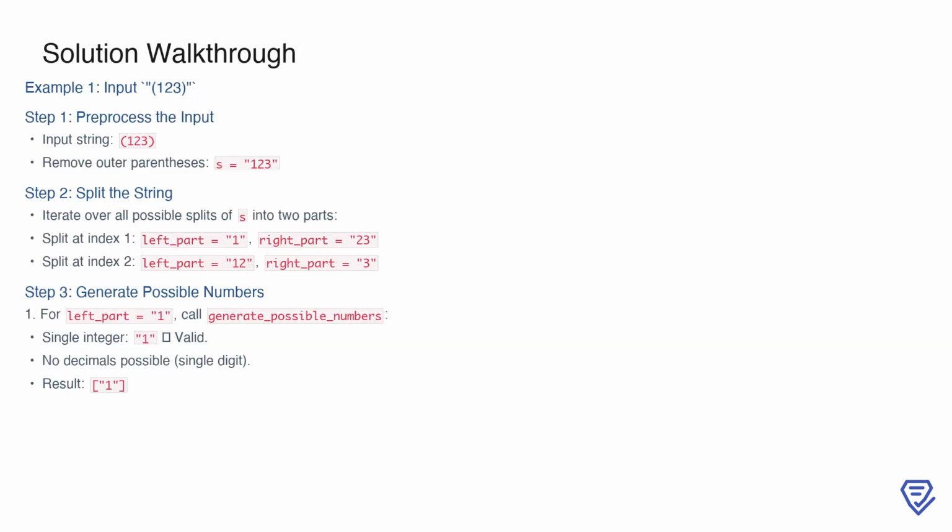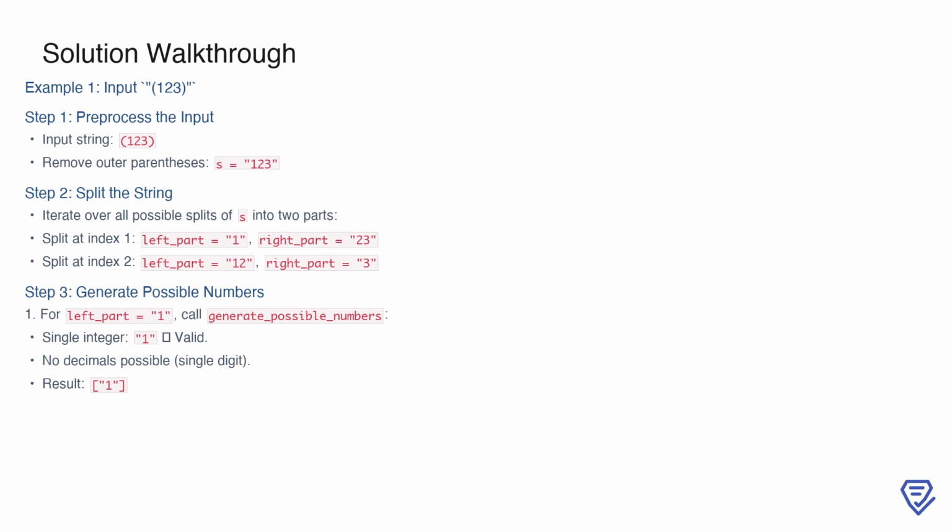To start solving this problem, we begin by pre-processing the input. Given the string (123), the first step is to remove the outer parentheses, leaving us with 123. Next, we consider all possible ways to split this string into two parts. For example, splitting at index 1 gives a left part of 1 and a right part of 23.